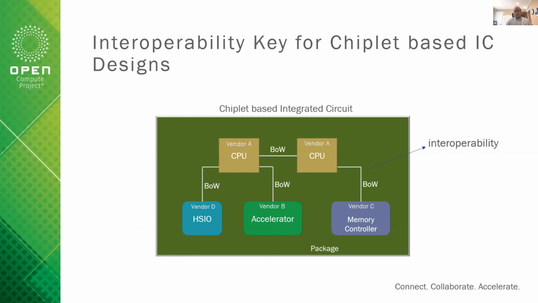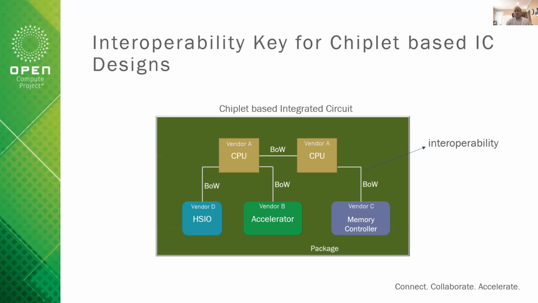You saw there several IPs being developed for BoW. The BoW is the interconnect between the dies, or chiplet interconnect. And we expect future integrated circuits to be composed of chiplets from multiple vendors.